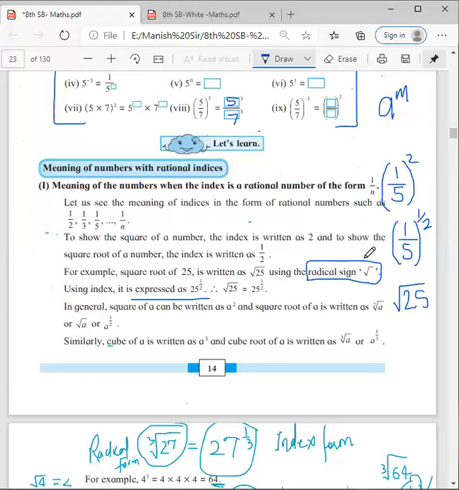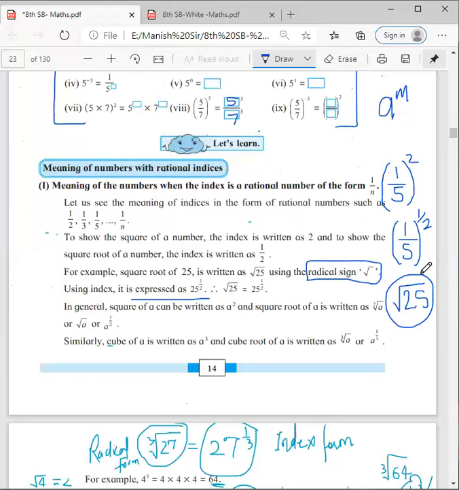Listen again. See what they have given. If I want the square root of 25, what have they written? The square root of 25. That means we are talking about this one. So if I want to write it, we have two forms at this place. One is radical form, second is index form.